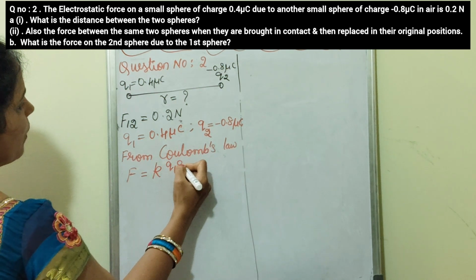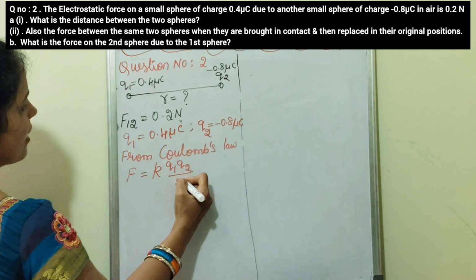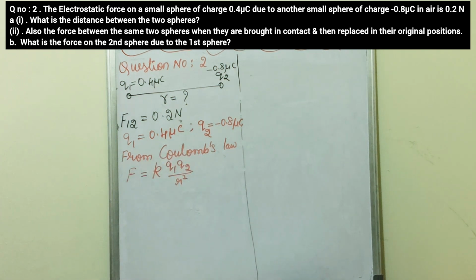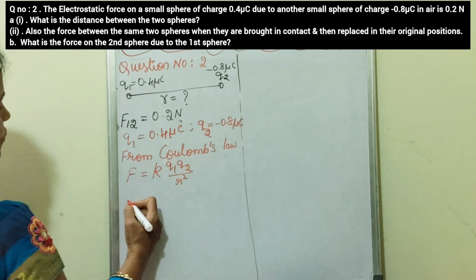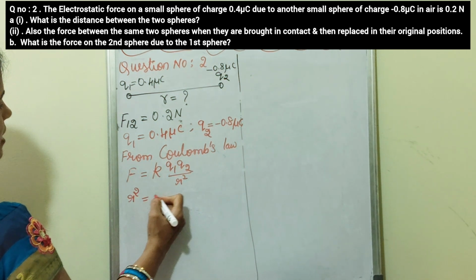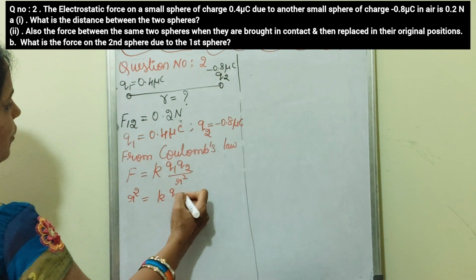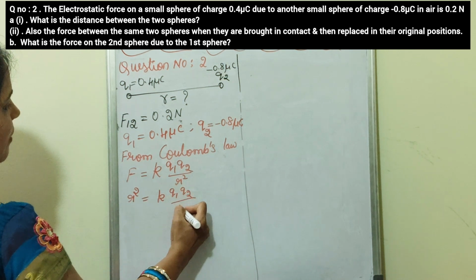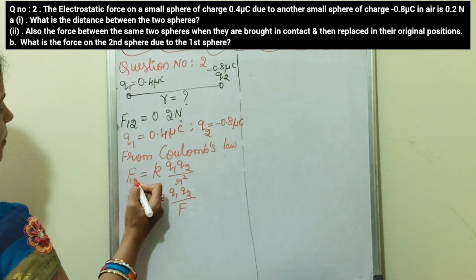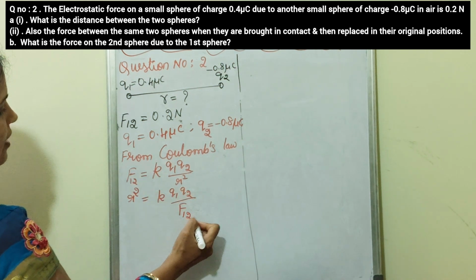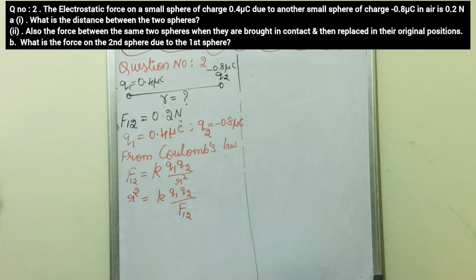K Q1 Q2 by R square. Right? So you have to calculate R square. So let us rearrange for R square is equal to constant Q1 Q2 divided by force. So you can write here F12 because they have given force on first due to second.